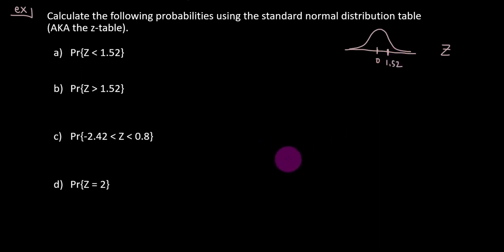And I want to represent the region, the desired area. Remember, this says the probability that Z is less than 1.52. So I'm going to shade to the left here. Awesome. Just looking at this image, I can tell that more than half is shaded, right? So our solution definitely is going to be larger than 0.5. Okay, so it equals. We're just going to go to our Z table to find this out. Here we go.